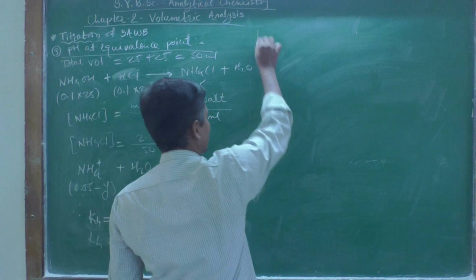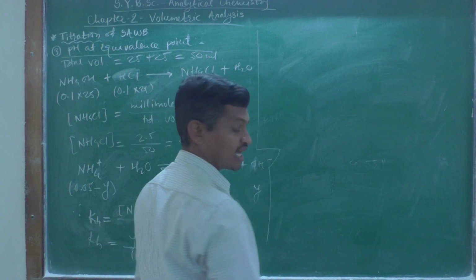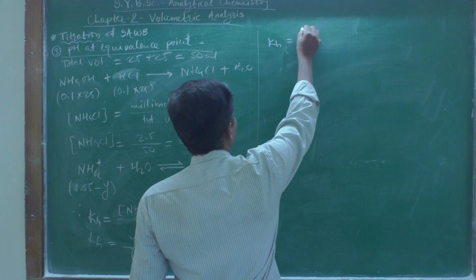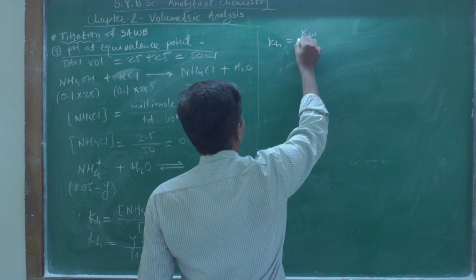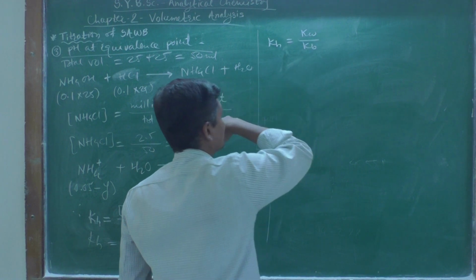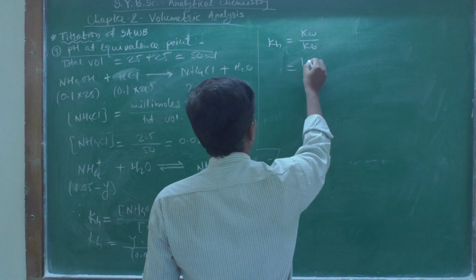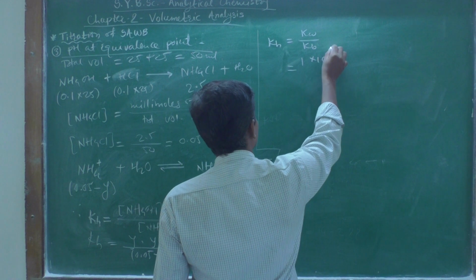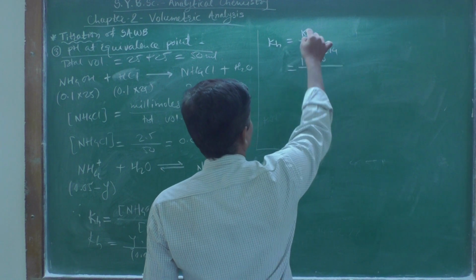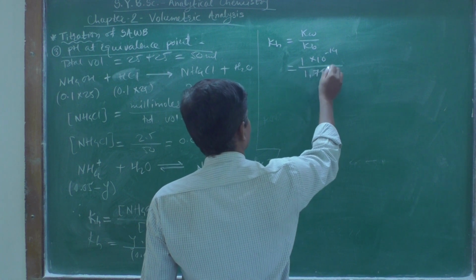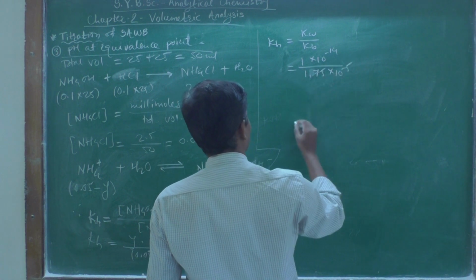But this hydrolysis constant K_H we can also calculate by a special formula: K_H is equal to K_W upon K_B. We know that K_W is 1 into 10 raised to minus 14, the ionic product of water, and K_B is 1.75 into 10 raised to minus 5.